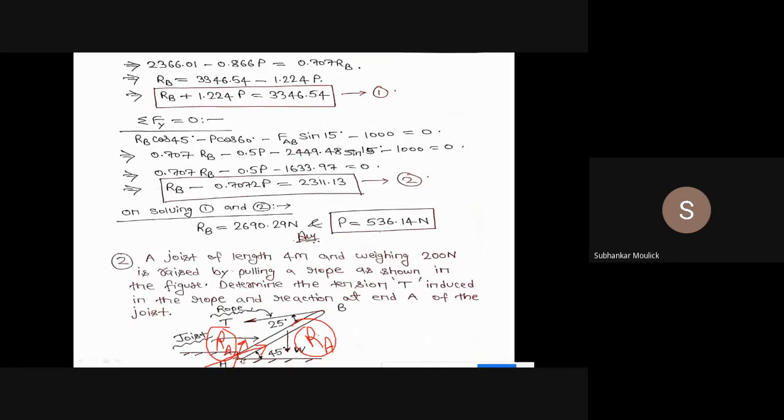Reaction RA acting along the joist or reaction RA acting at some angle from the joist in order to keep the entire body in equilibrium. That means all the forces should pass through a common point. If the force is not passing, at least the line of action of that force should pass through a common point. Now decide what will be the correct direction of RA.